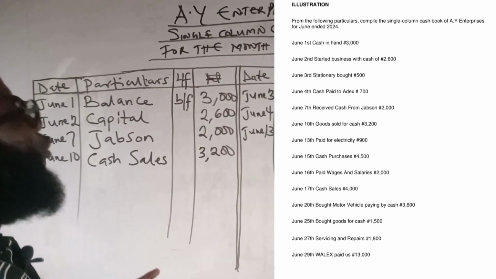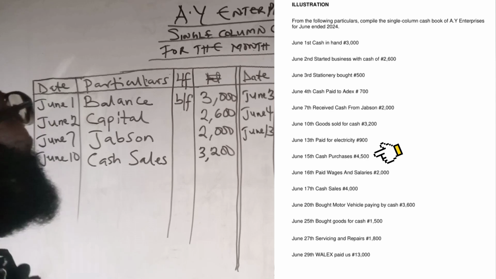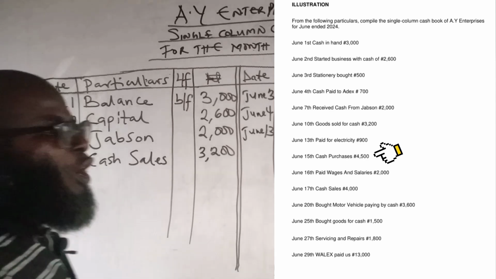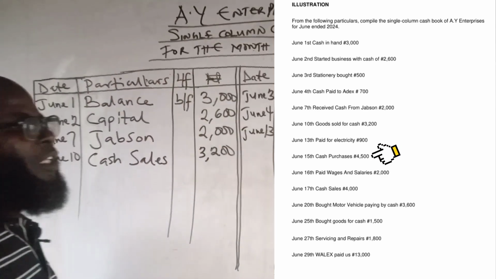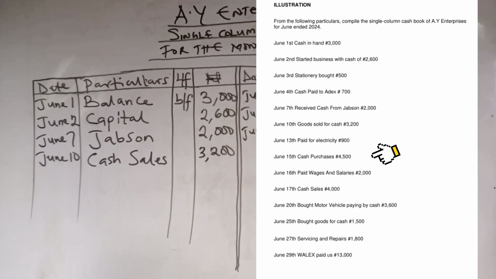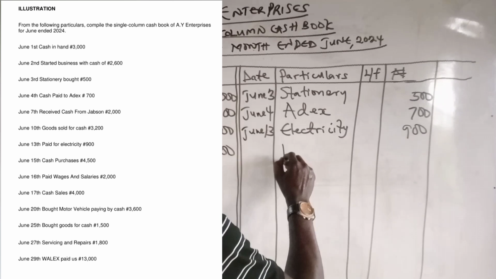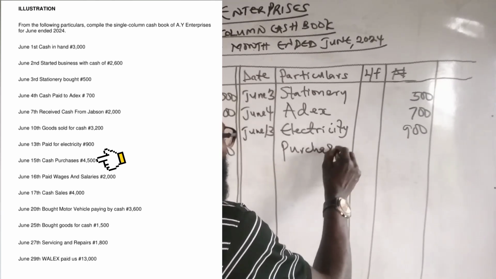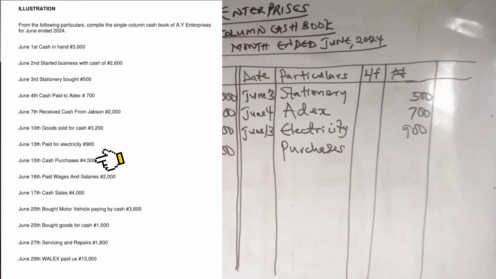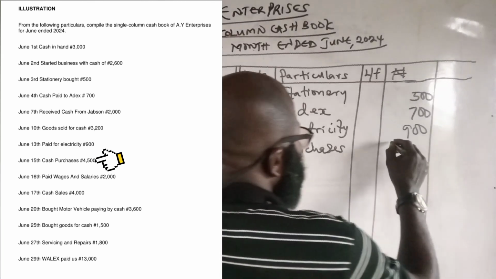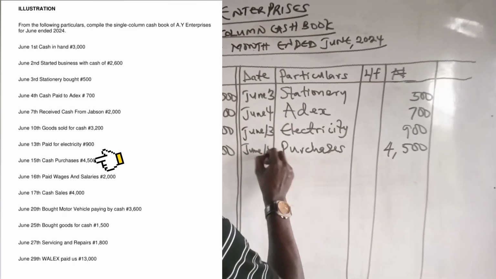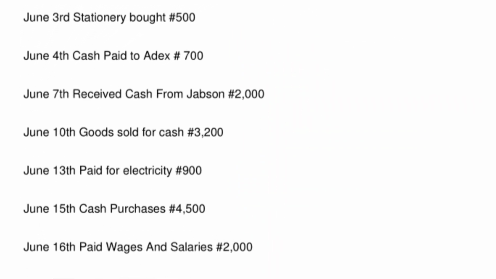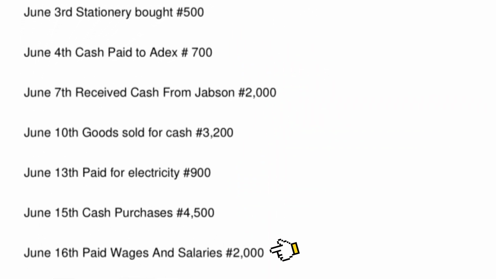This simply means during the month of June, AY Enterprises bought some certain goods in which he paid in returns of taking the possession of the goods. We are going to put it this way: purchases. So the purchases is 4,500 naira, June 15.